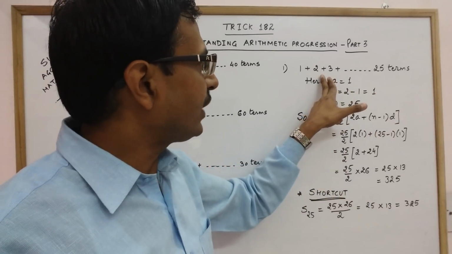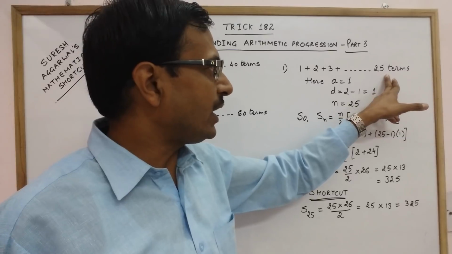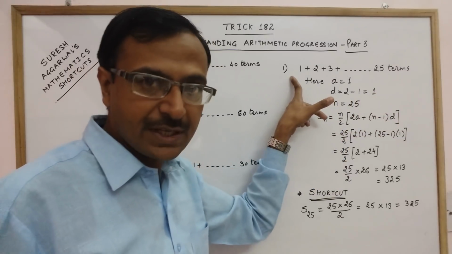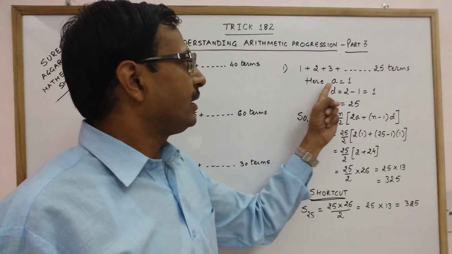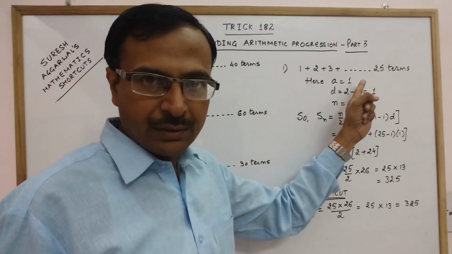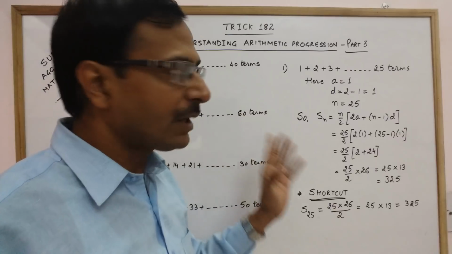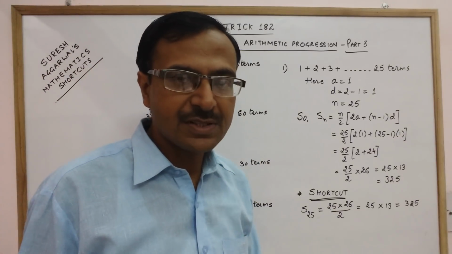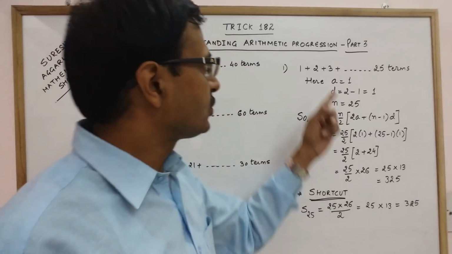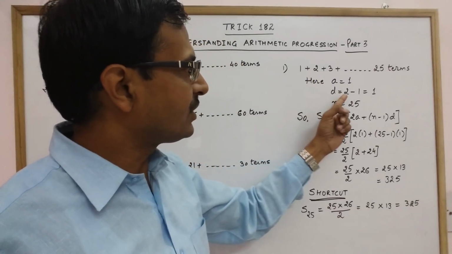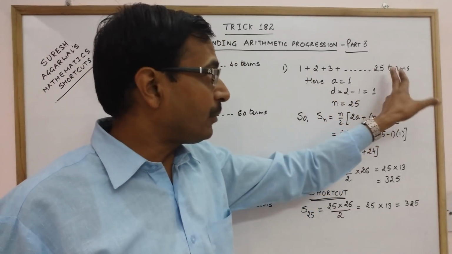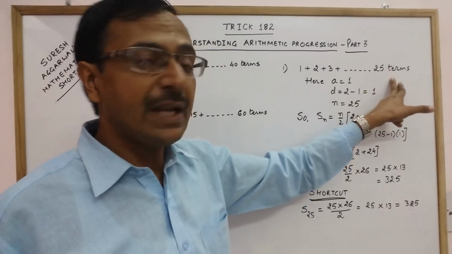So, if we are asked to find the sum of these 25 terms starting from 1, obviously, then the first term A is 1 and the common difference, just as I told you in trick number 180, is the difference between the second term and the first term. So the second term is 2, first term is 1, difference is 1, and the number of terms which we have to consider is 25 terms.